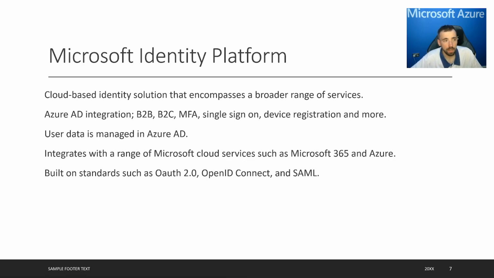And it provides B2B, which is between different tenants, business to business, business to consumer, which is very similar to being able to sign in with Google and Facebook, but business to consumer can put a sign-in page that's provided by Azure in front of your application. Multi-factor authentication, as I mentioned, single sign-on.